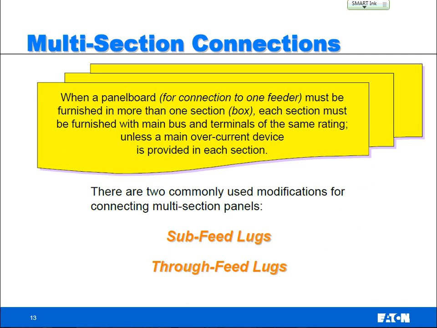So when we talk about panel boards, often we talk about multi-section panel boards. In the old days of 3 years ago, NEC limited lighting and appliance panel boards or receptacle panel boards to a maximum of 42 circuits per panel board.